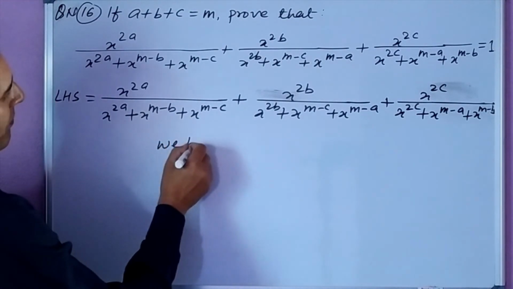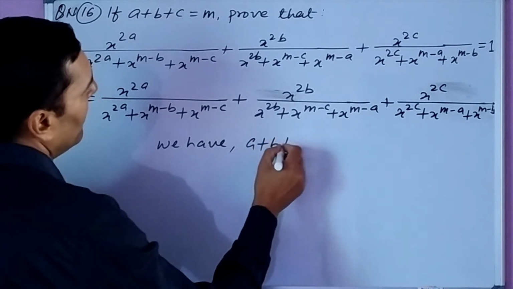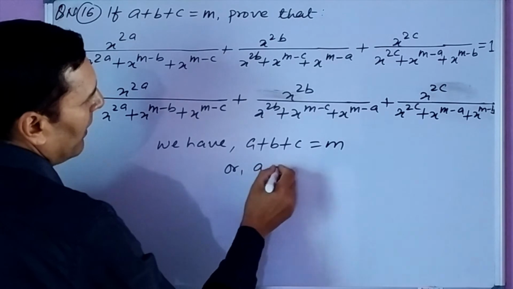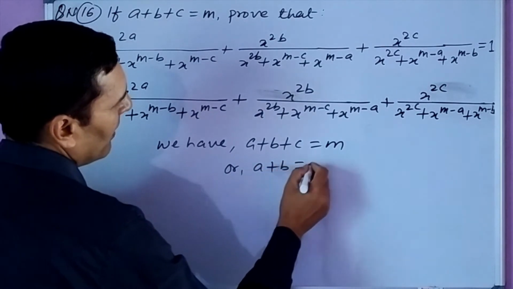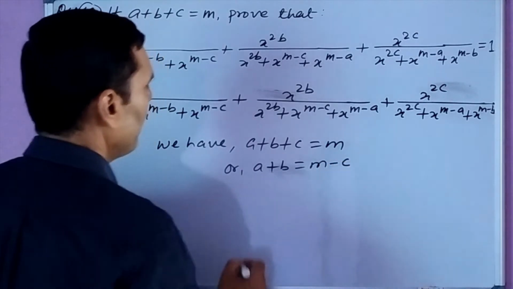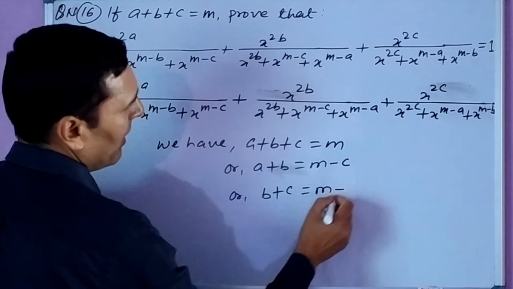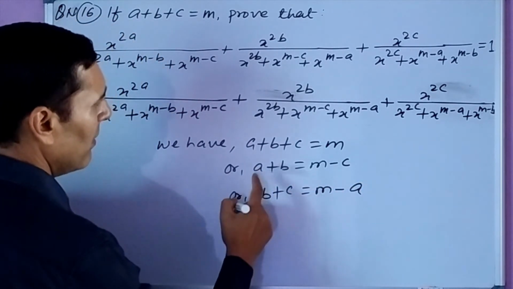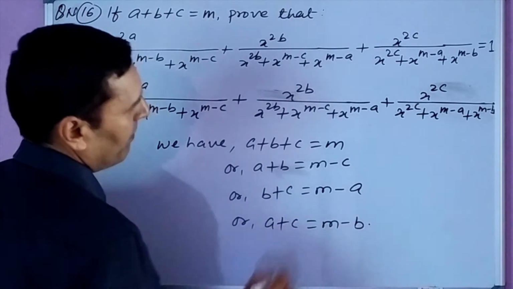We have a plus b plus c is equal to m, or a plus b is equal to m minus c, or b plus c is equal to m minus a, or a plus c is equal to m minus b.